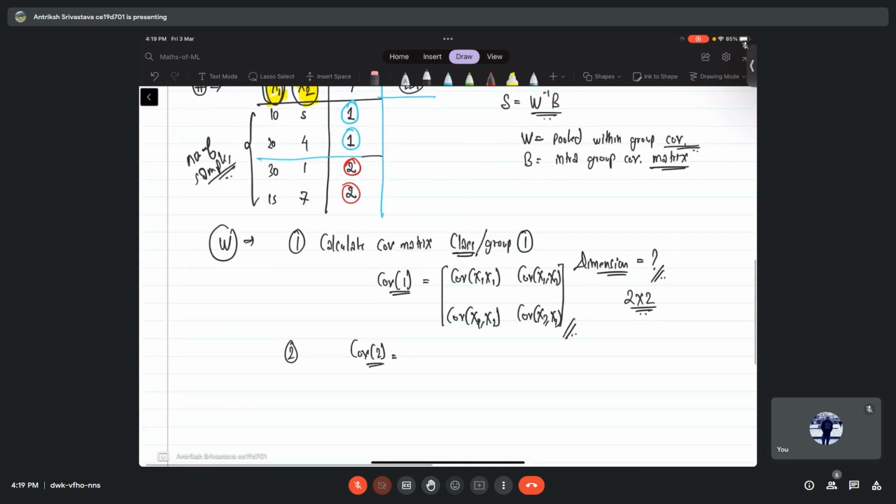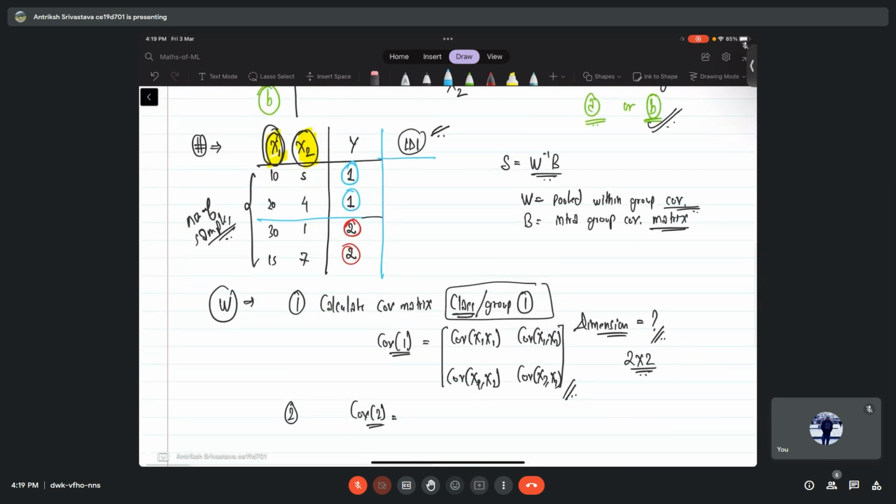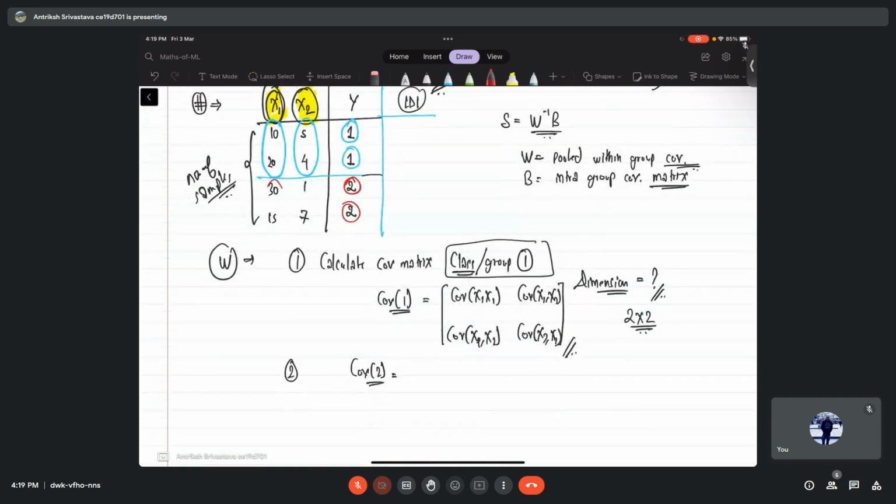When I say covariance of group 1, then to calculate that you have to only use these values. And when I'm saying covariance of group 2, then you have to use only these values for these features to calculate this covariance. So let me write this so that it is a little bit easier for you to understand. x1, x1, x1, x2, x2, x2.